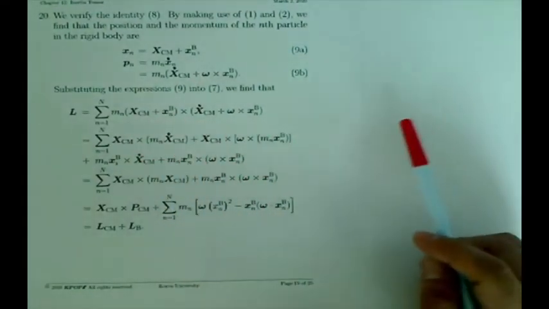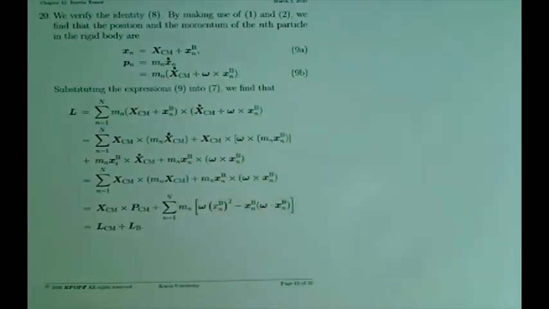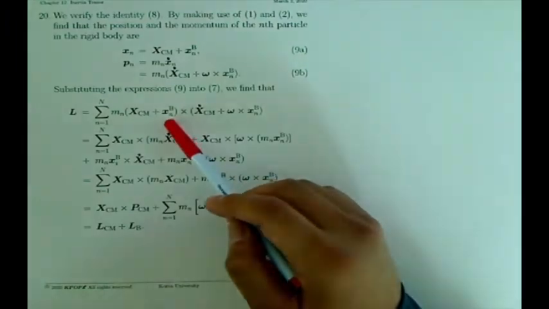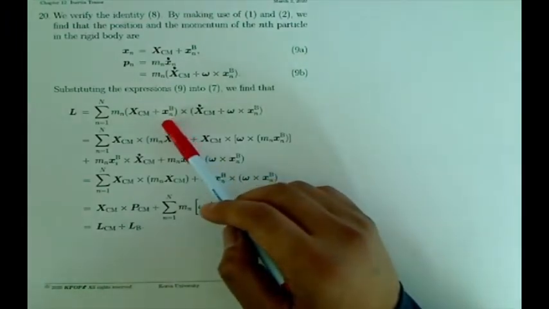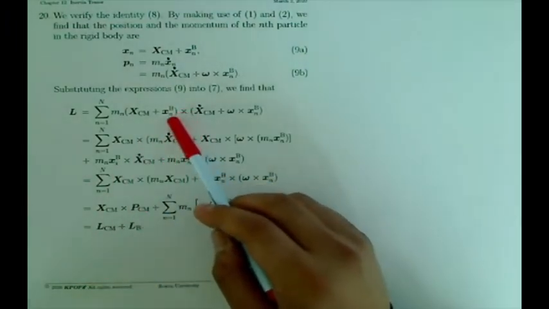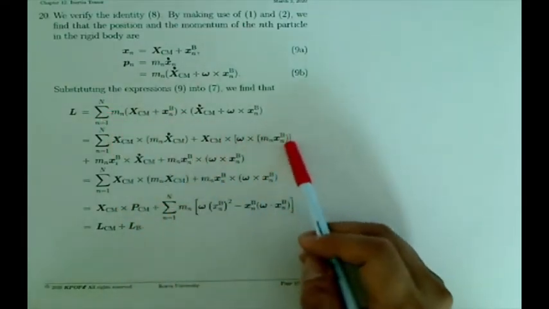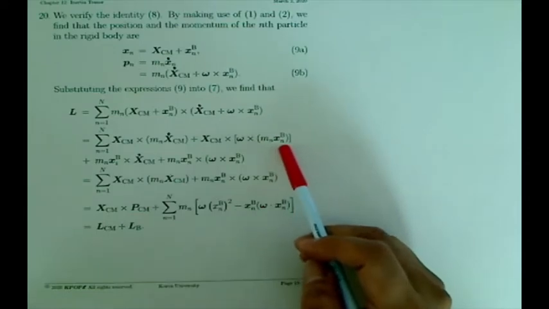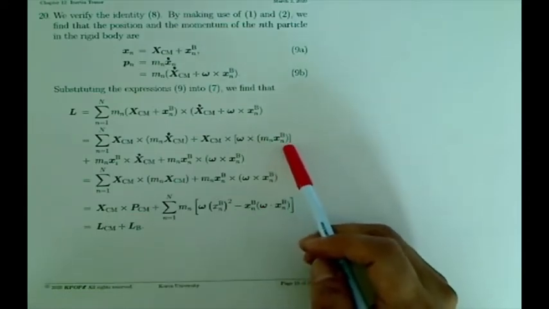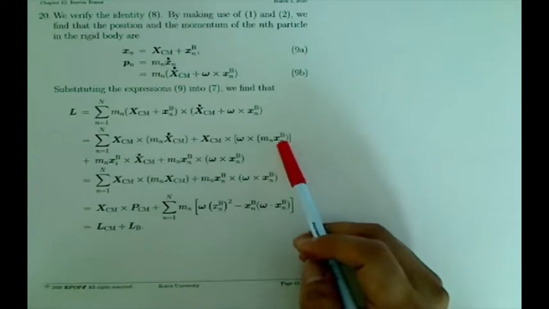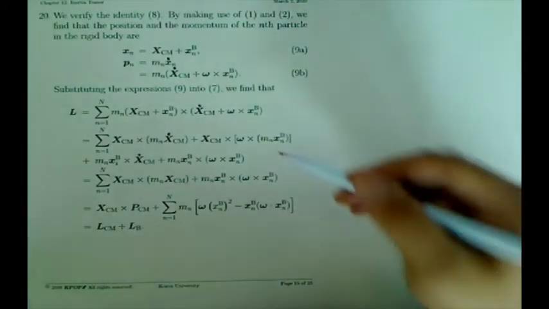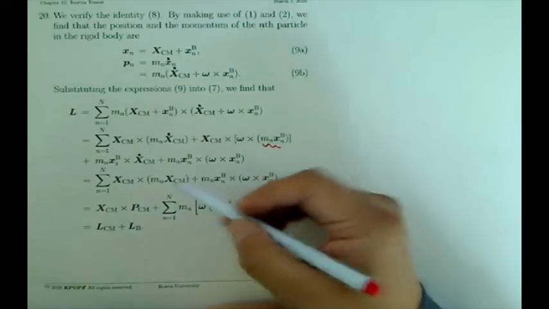Expansion of this cross product involves 4 contributions, and only 2 of them survive. The contribution that has a single power of x_b must vanish, because that contribution always has mass times the rigid body point measured relative to the center of mass.